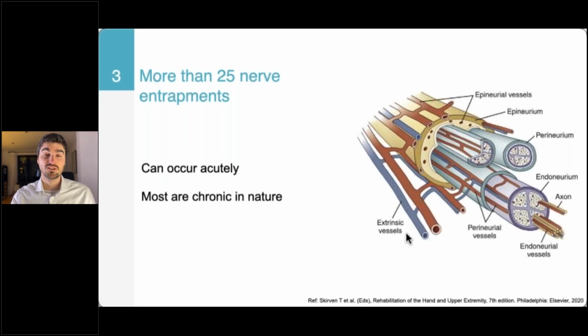But the vast majority are going to be chronic in nature, which means that they are from maintaining certain postures a lot. A classic one would be someone sitting in a chair behind a desk in this slumped forward position. If we stay in one position for long periods of time, another example would be carpal tunnel syndrome. Someone classically will sleep like this.